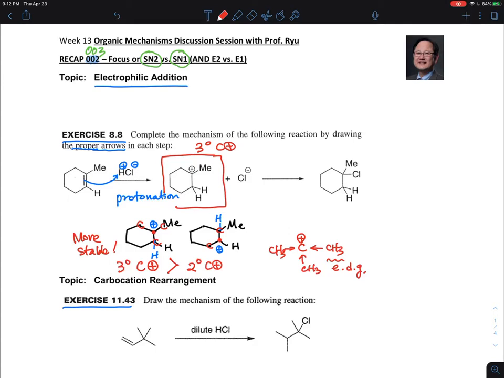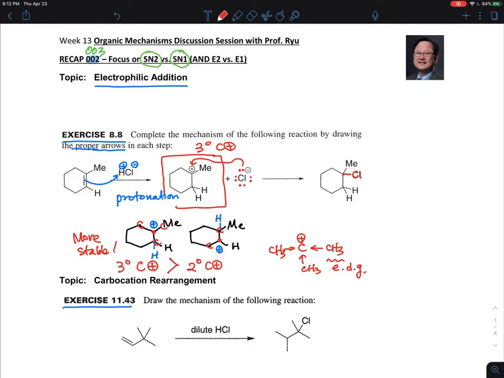A over B. And then the second step is okay. So now this is a nucleophile looking for something that is positive. And here we go, they are going to form the bonding. So that's why you are forming the CCl bonding right there.